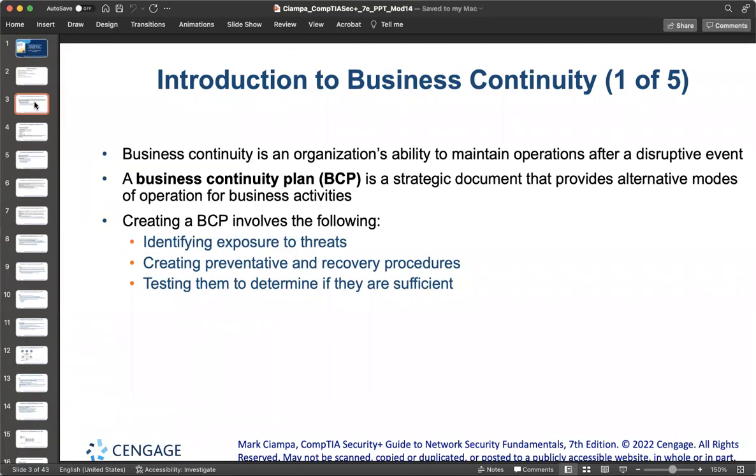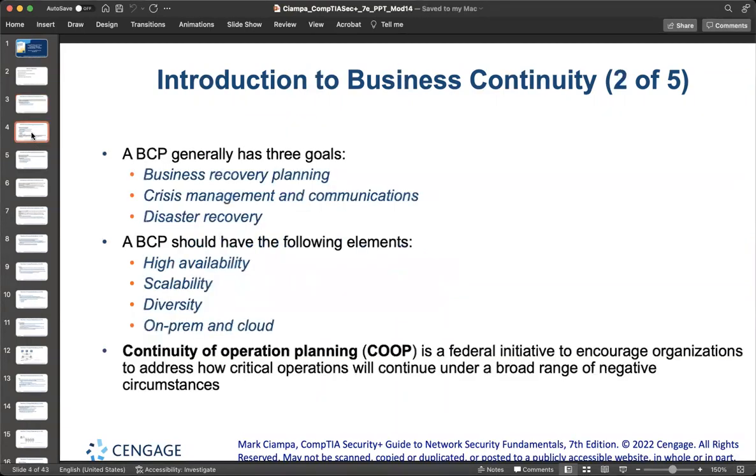And finally, testing those to determine if they're sufficient closes the process of generating the BCP. These tests can be tabletop, simulations, or walkthroughs, right? In any case, you need to test your business continuity plan and go from there.